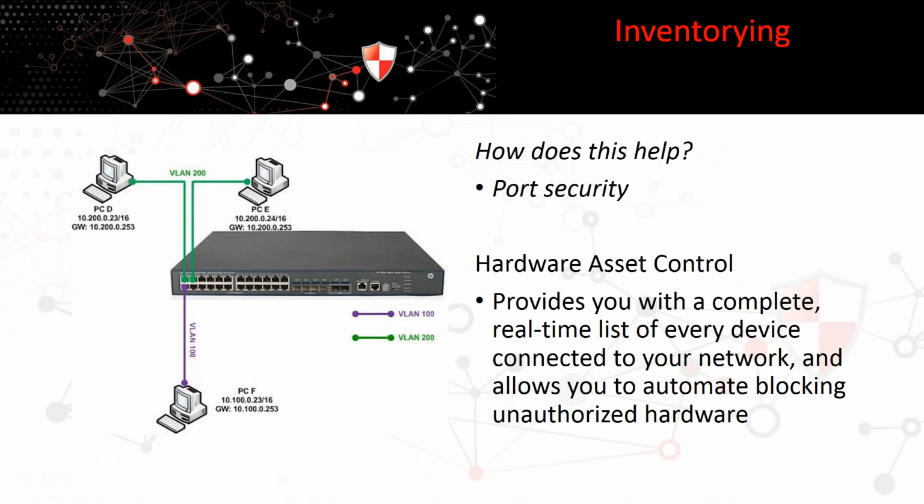The way this is done is via the MAC address of the network interface card on the device itself, and your switches will allow you to configure the set of MAC addresses that are allowed to connect to it. So for a specific port, let's take the example there, PC D is connected to switch port 1. That device has a MAC address associated with it. That switch can be configured to only allow that MAC address to connect to that port.